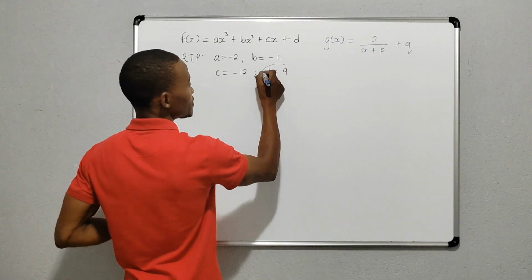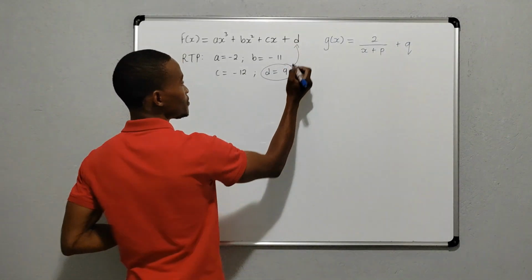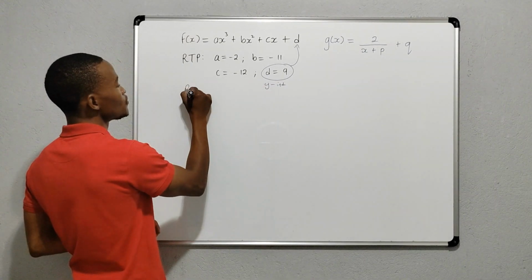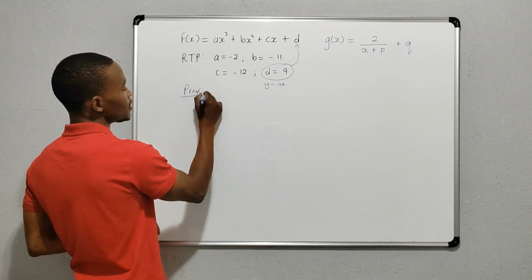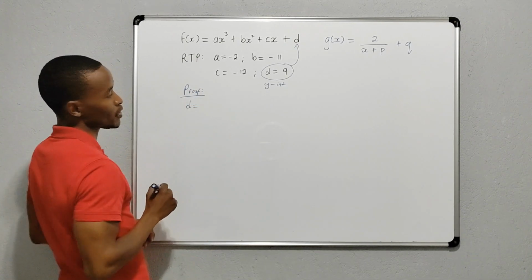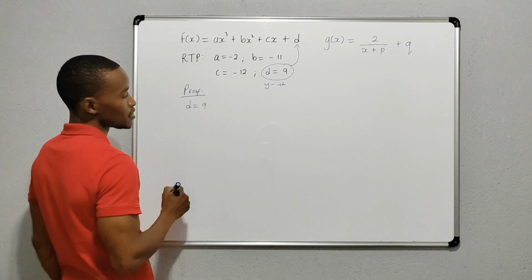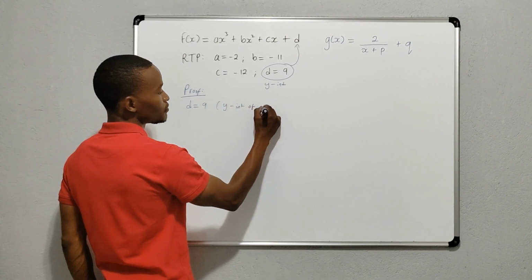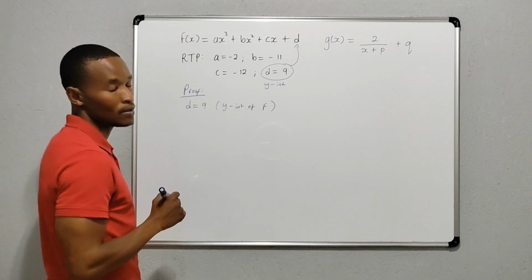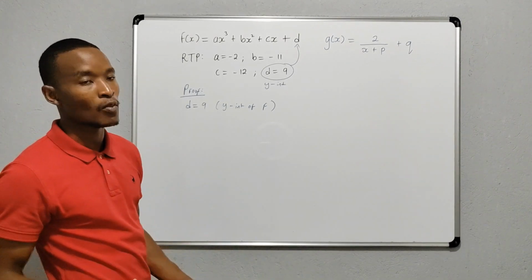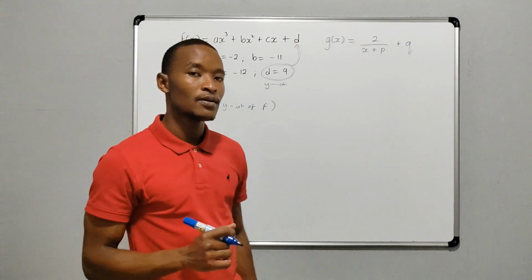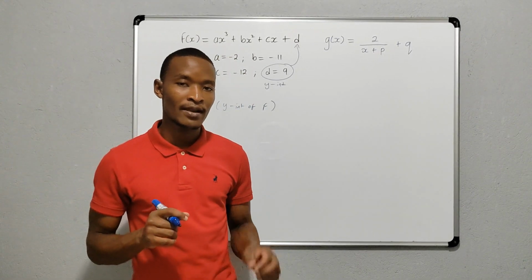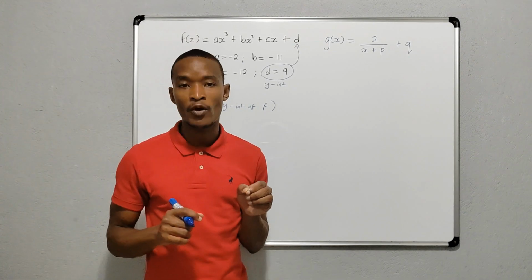This one is straightforward, d comes in there because it is the y-intercept. Okay, so the proof, the solution of this question, I'm going to say d is equal to 9 is the y-intercept of f. Okay, so we don't have to do anything more. However, what do we notice? F has two x-intercepts, and at -3 there's a turning point there.